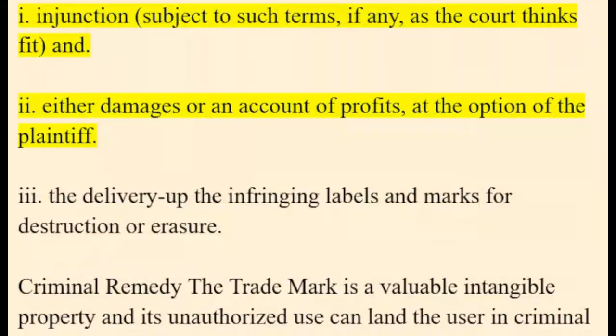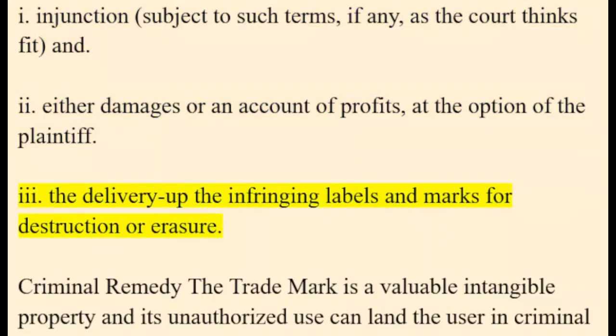Injunction, subject to such terms, if any, as the court thinks fit, and ii. either damages or an account of profits, at the option of the plaintiff. iii. The delivery of the infringing labels and marks for destruction or erasure.